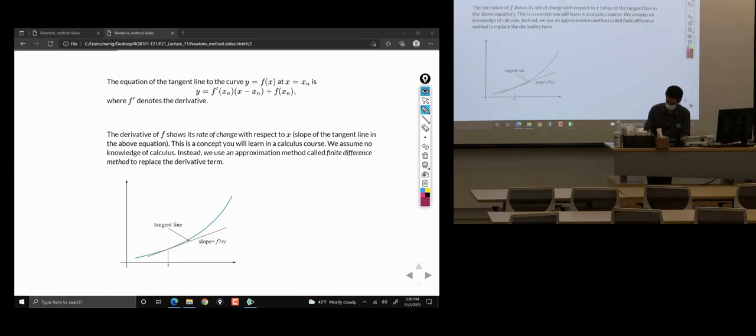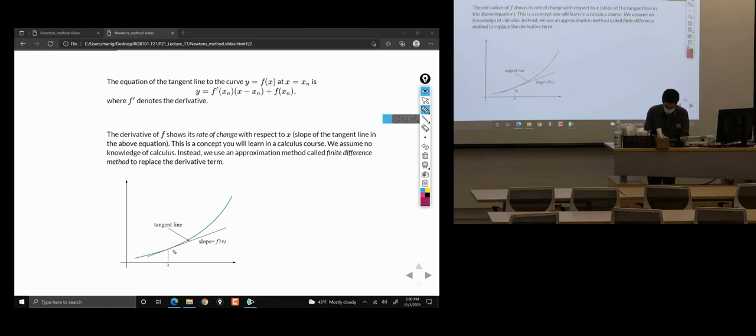Let's say we live in the 16th century, and we want to solve this problem.